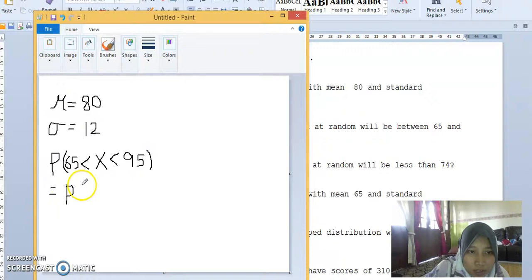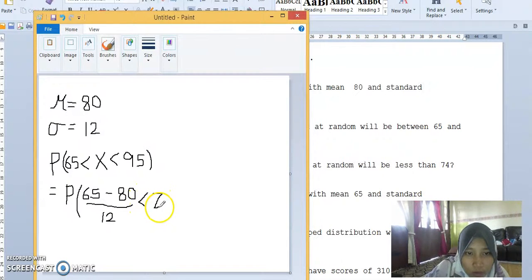So the probability of 65 minus your mu, which is 80, over 12. Okay, so this is going to be changed into a z-score.